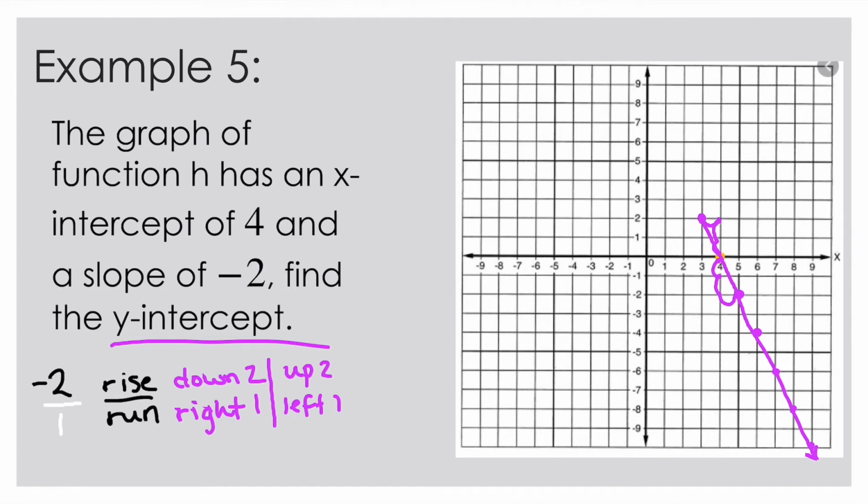Yes. So we can keep going up 2, left 1, up 2, left 1, up 2, left 1, all the way through our graph and end up still with this straight line.